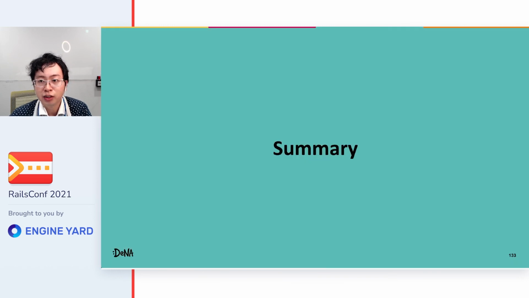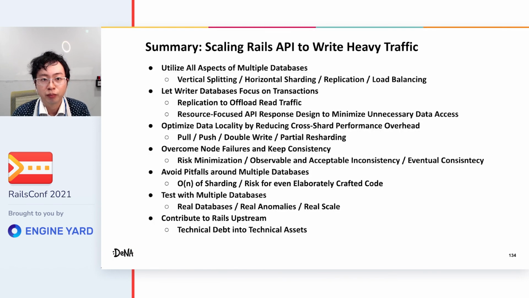So, let's sum up today's session. We have explored various techniques to scale Rails API for write-heavy traffic. First of all, we utilize all aspects of multiple databases. Vertical splitting, horizontal sharding, replication, and load balancing are all necessary.